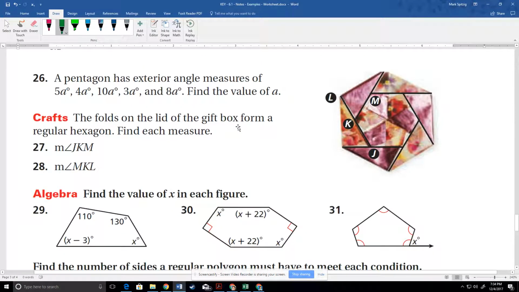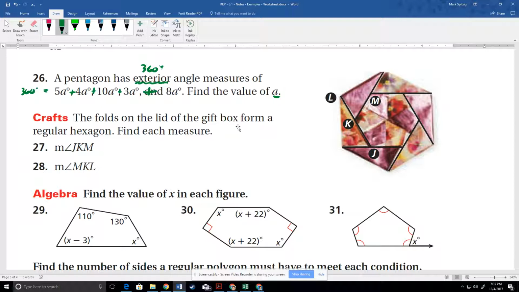All right, so here we go. We got a pentagon has these exterior angle measures. Find the value of A. So if they're exterior angles, we know exterior angles add to 360. So there's no calculation. The fact that it's a pentagon is okay, but it doesn't really help us with it. Doesn't change the fact that it's 360. And so all of these together, we can just say this plus this plus this plus this plus that equals 360.